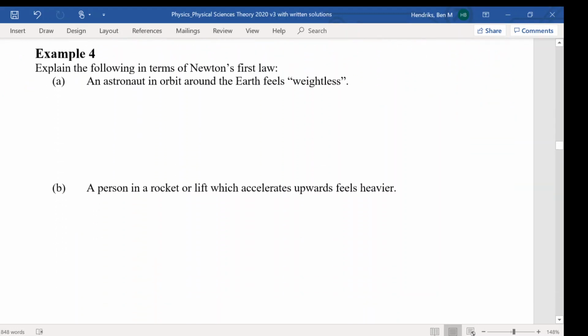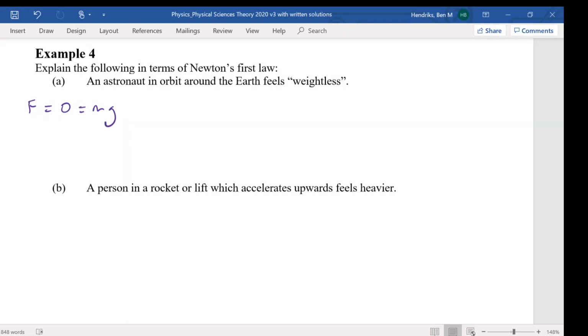Okay, example 4. Explain the following in terms of Newton's first law. An astronaut in orbit around the Earth feels weightless. Okay, so basically when you feel weightless, our net force is equal to 0, which equals mass times gravity. So therefore the gravitational acceleration would be equal to 0.